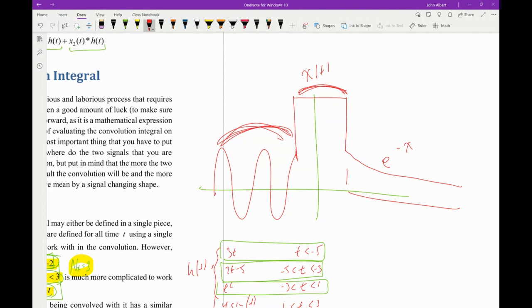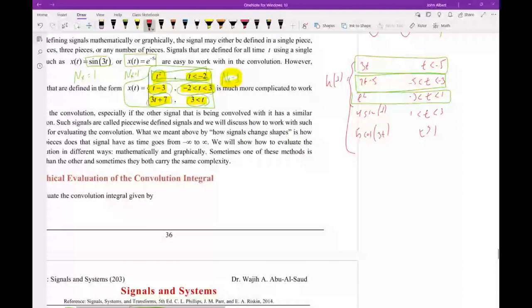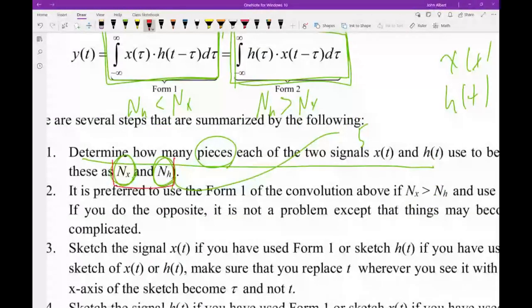Okay. So what I'm saying here, gentlemen, in step number 1 is, depending on which is larger, it is recommended. If you just ignore this, nothing is going to happen. But trust me, sometimes it becomes slightly more complicated if you do this or do that.